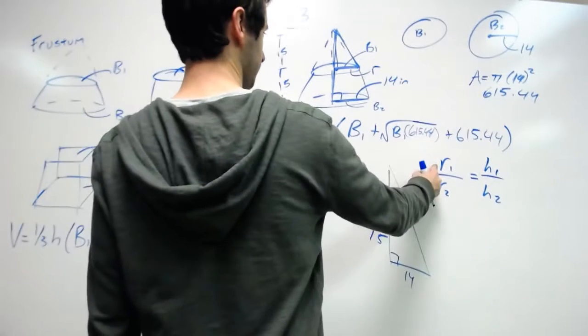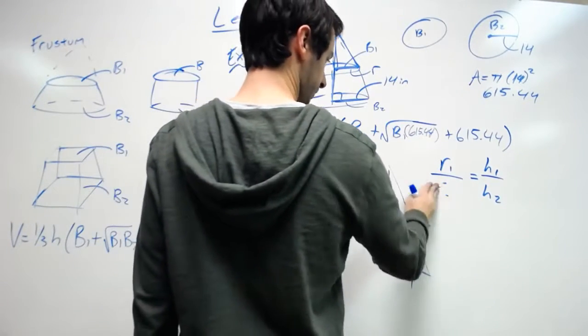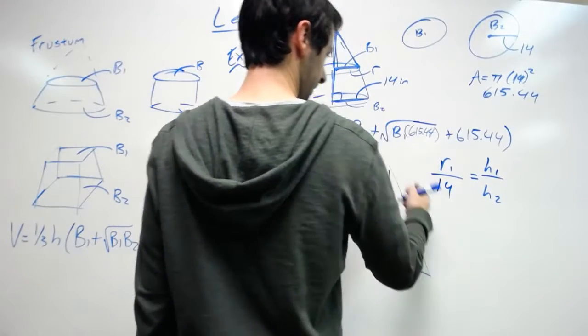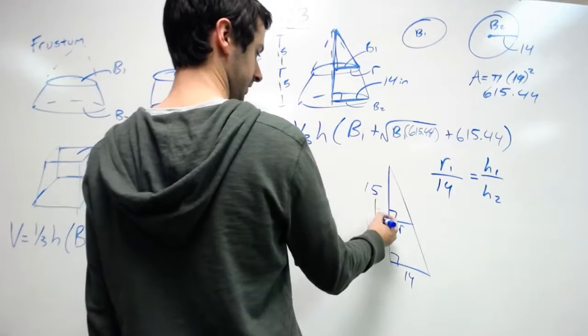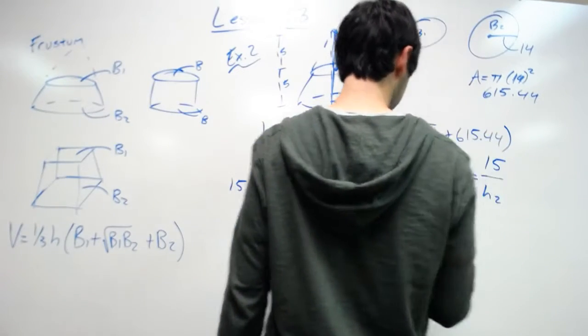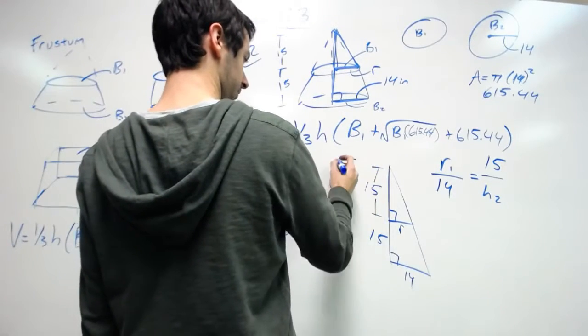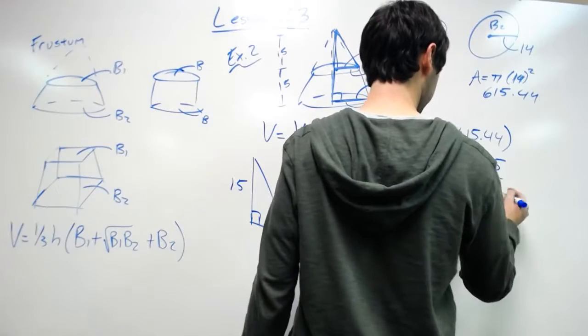So the radius of base 1 we are looking for. Radius of base 2 is 14. The height of base 1 is just 15, because that goes here to here. The height of base 2 would be the total, so from here to here, we'd replace that with 30.